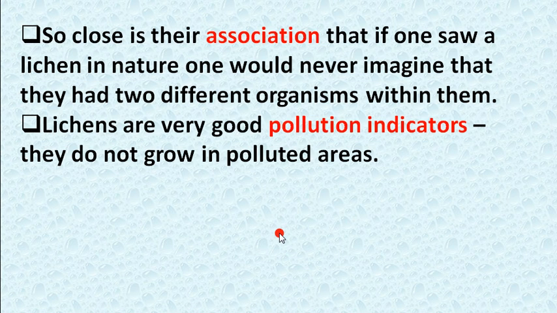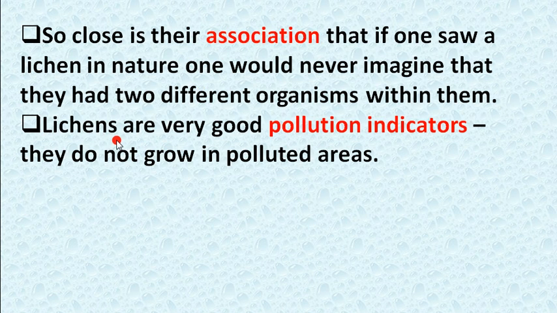So close is their association that if one saw a lichen in nature, one would never imagine that there were two different organisms within it. This is a very beautiful association. One would never imagine two different organisms because the two are as one.